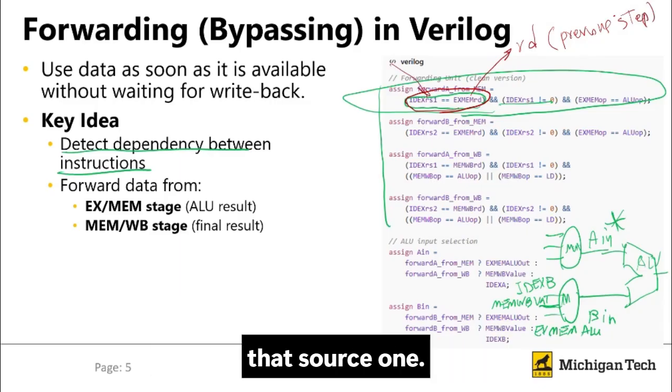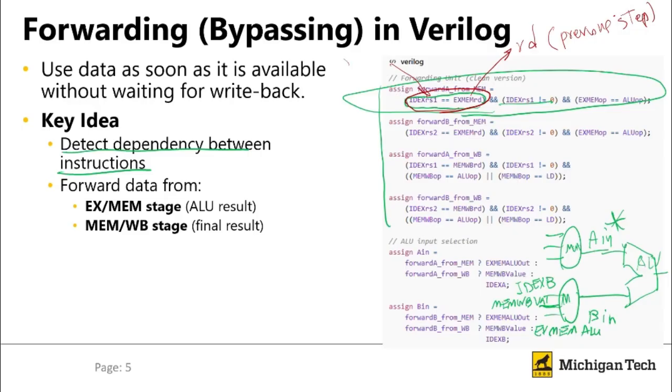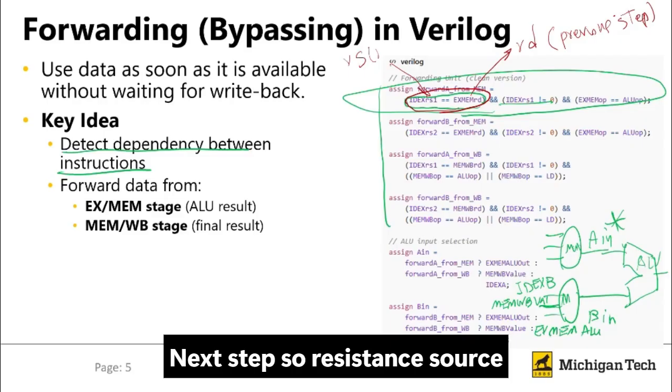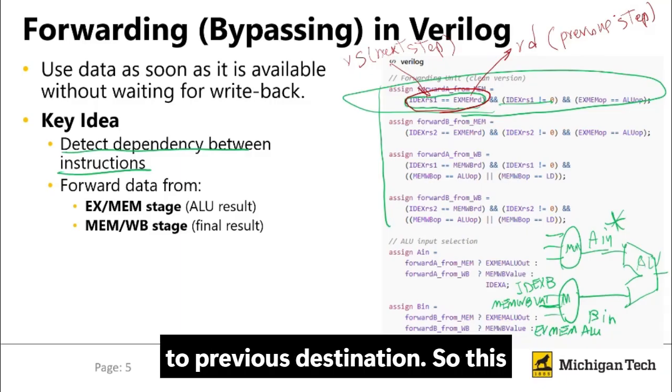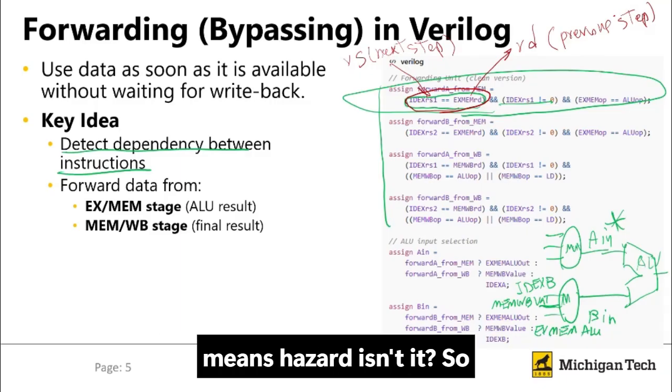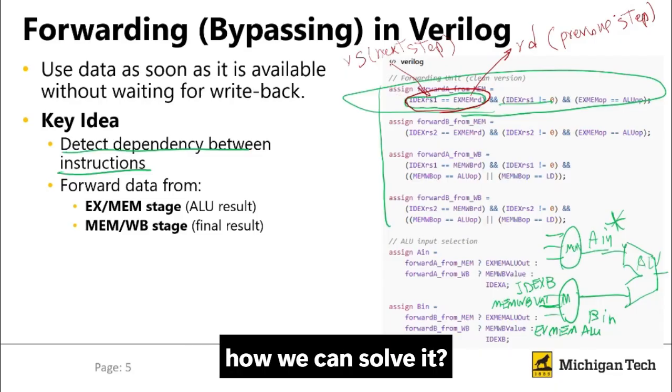This is the source, look at that, source 1. The register source in the next stage is equal to the previous destination. So this means a hazard, doesn't it? From here we can detect that we have a problem.